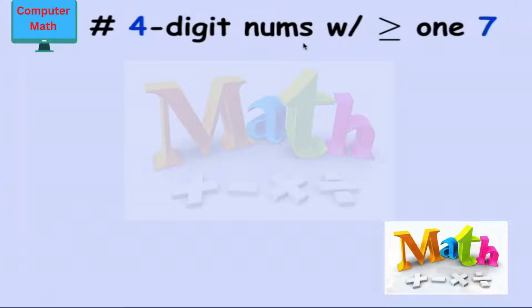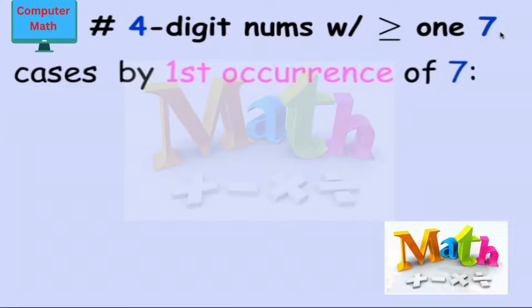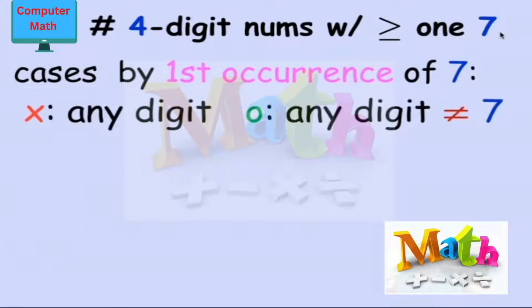The number of 4-digit sequences of digits that have at least 1 seven in them. And one way to count is I can make it a sum of different 4-digit numbers containing a 7, depending on where the first 7 is. If there's at least 1 seven, there's a first 7. That's the well-ordering principle being applied.